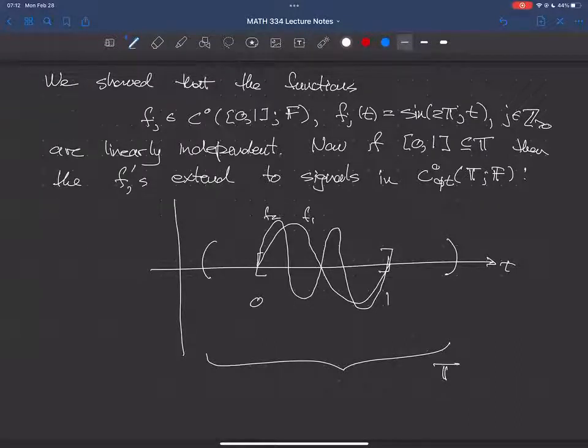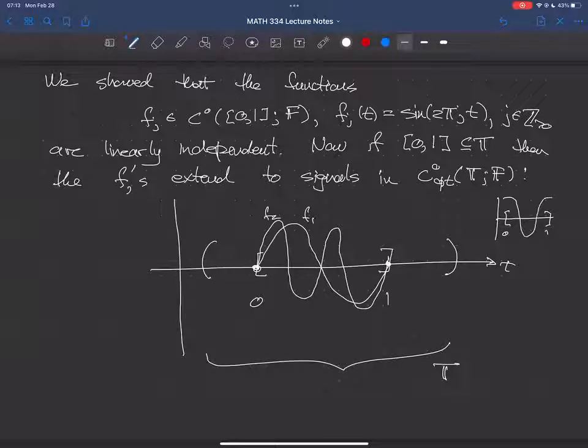Now the crucial thing here about these signals that makes them valid for the conclusion that I'm trying to reach is that there's 0 at the endpoints here. If I'd worked with cosine functions, then they would have had the value 1 at the endpoints. They would have looked like this.